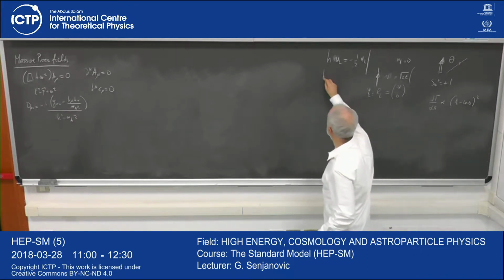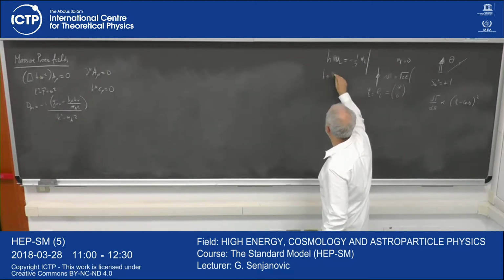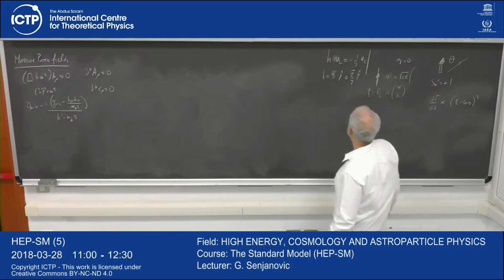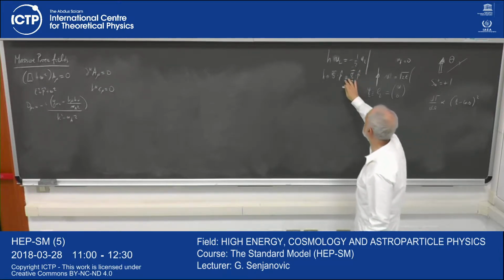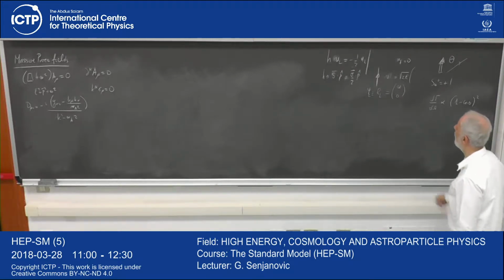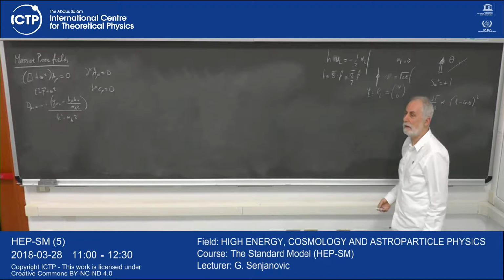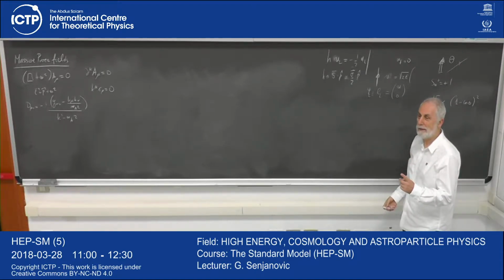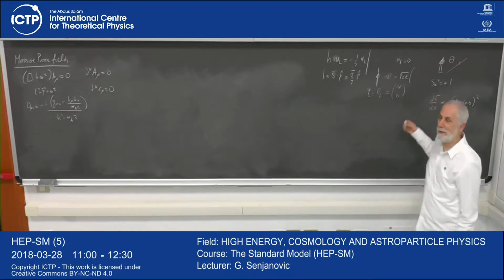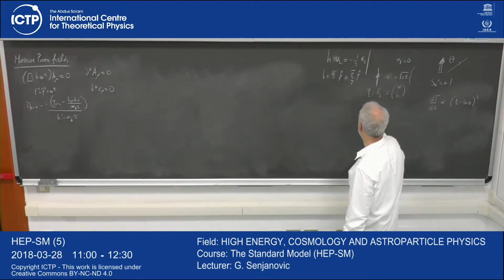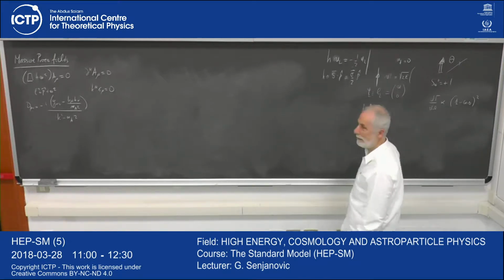Helicity is simply, by definition, the projection of spin on the direction of motion, which is sigma over 2 dotted with p hat. So if it has a helicity minus a half and it's moving up, then the spinor will look like, if it's moving up, then p in this case would be Z, you agree?